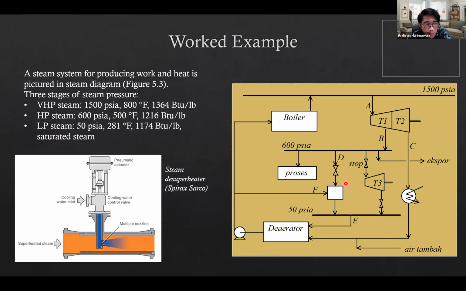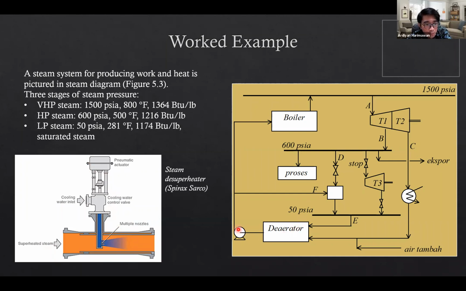And this box represents the desuperheater. The first ladder and the second ladder represent the very high and the high pressure, right? The condition of these two steams is superheated, and then from the second ladder, it will go to the desuperheater. The desuperheater will create saturated steam from the superheated steam by mixing it with water.